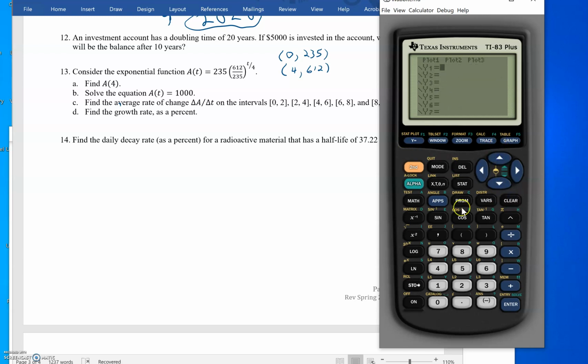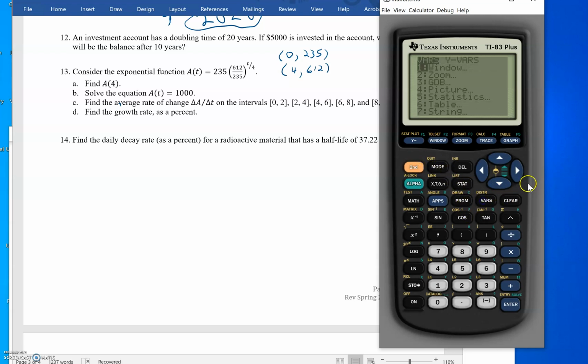So let's type it in. I'm going to use a lot of parentheses here. Parentheses around my exponent, of course. That's very important, and I believe that's got it. So there's our model.